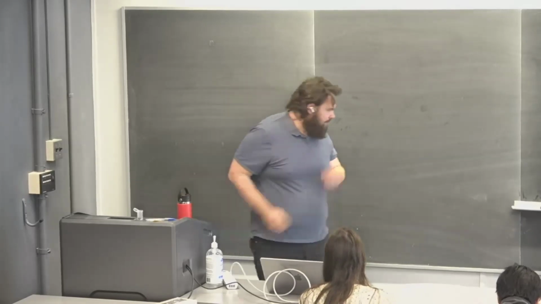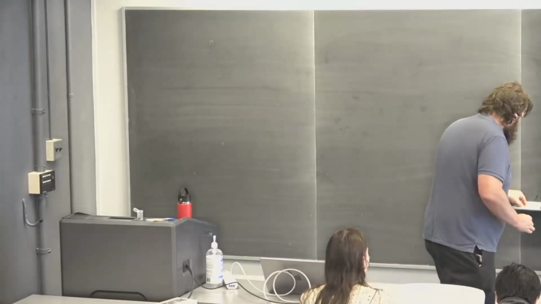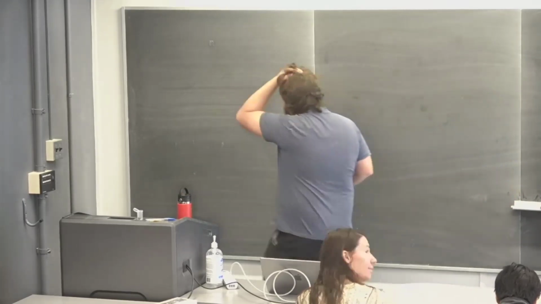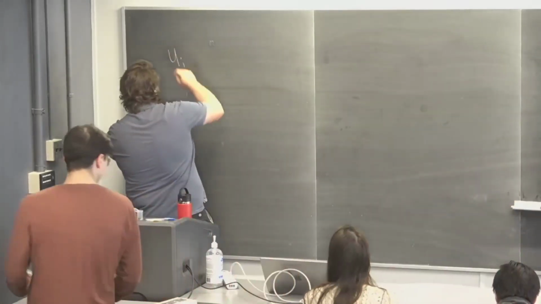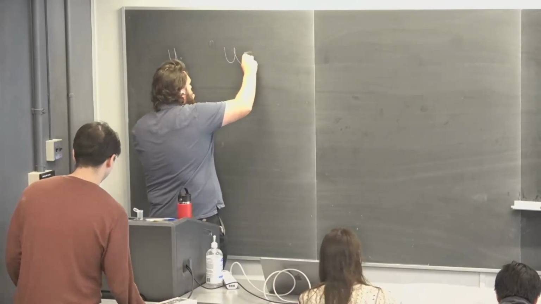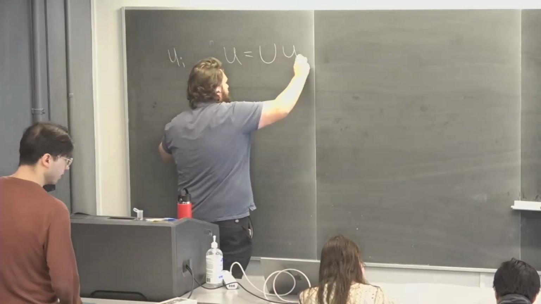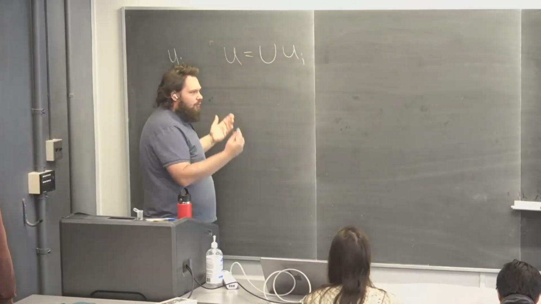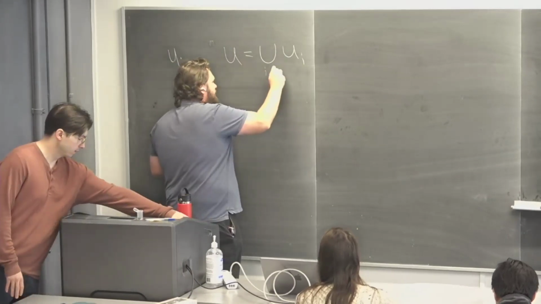Yeah, so if I have a basis U_i of my topology, then any open set U can be written as a union of these guys. I don't lose any generality by just assuming it's the whole thing.